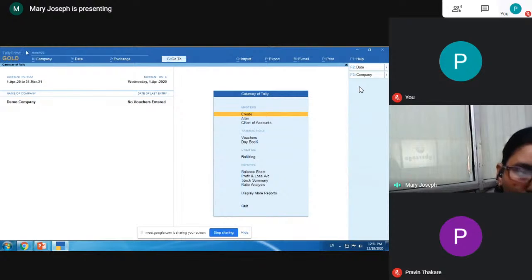On the right side, where you can see the buttons date, company, is called the right bar, and the remaining screen is called the work area.